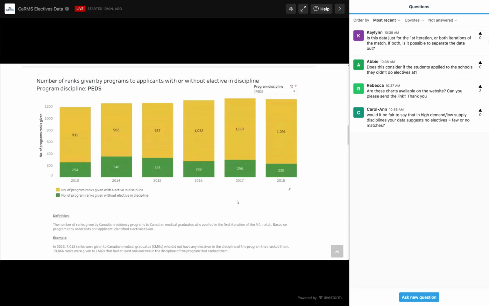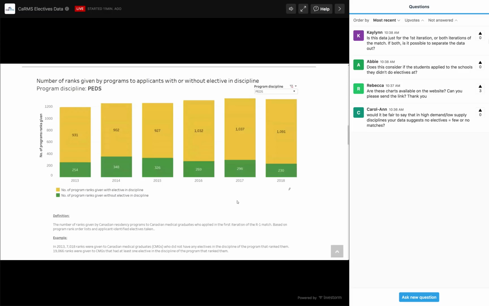Abby is asking, does this consider if the students apply to the schools they didn't do electives at? No, this is about matching or ranking.